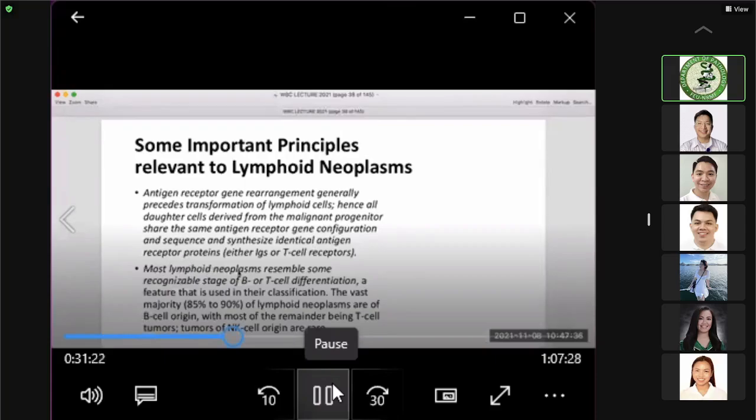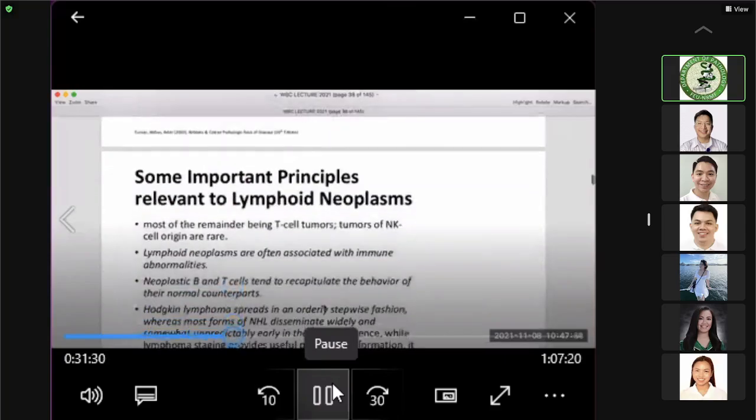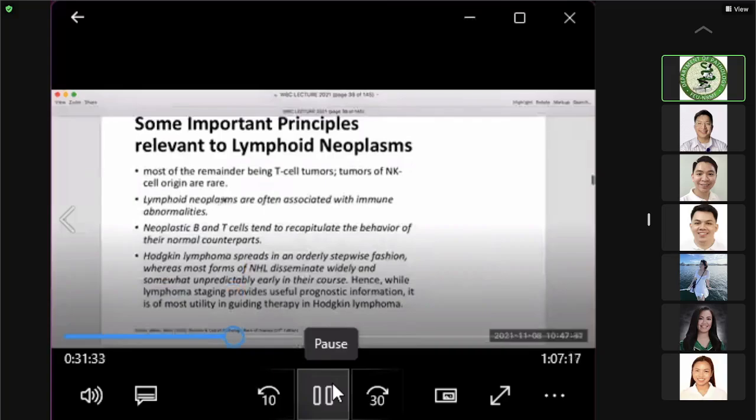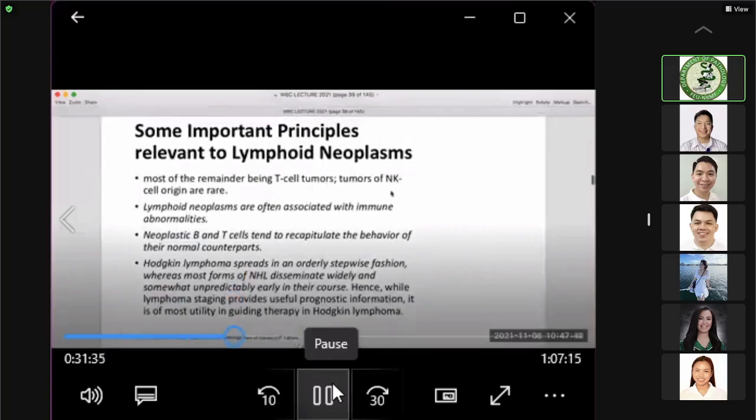Okay, most lymphoid neoplasm resemble some recognizable stage of B or T cell differentiation. Most of the remainder are T cell tumors; tumors of NK cell origin are rare. So these are often associated with immune abnormalities. These neoplastic cells tend to recapitulate the behavior of their normal counterparts.